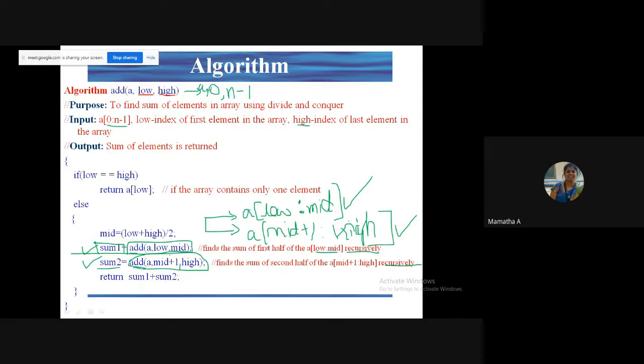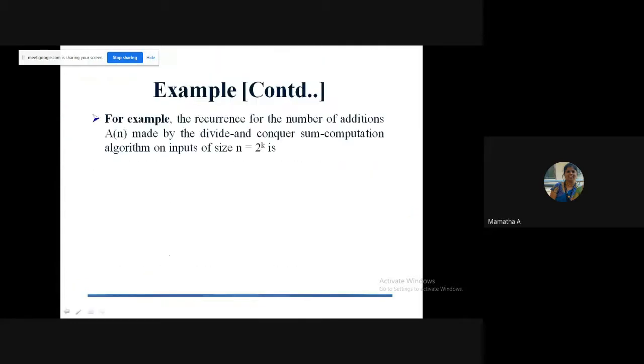Now, what is the basic operation for doing all these things in this algorithm? What is our basic operation, students? Addition, ma'am.